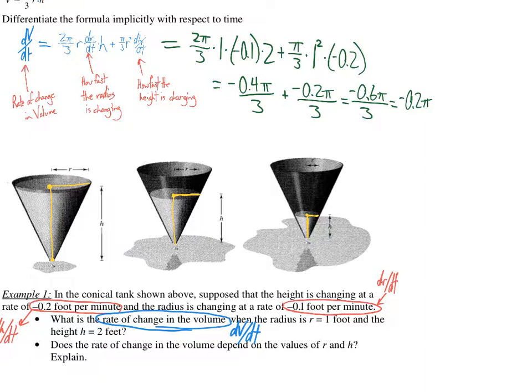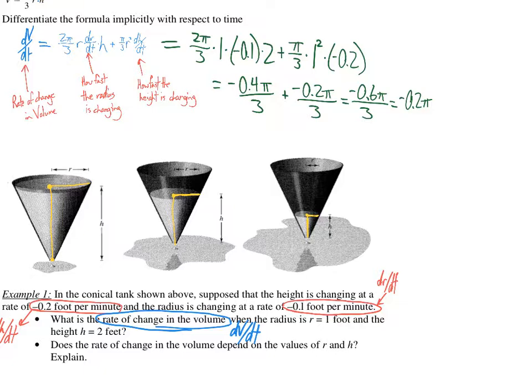and typically AP doesn't care about units of measure. Unless they ask for them, don't bother putting them down. Now that's AP. For our class, I would like you to use proper units of measure to show me your understanding. This isn't that difficult. We're talking about a rate of change for volume, so what is our unit of measure for volume?